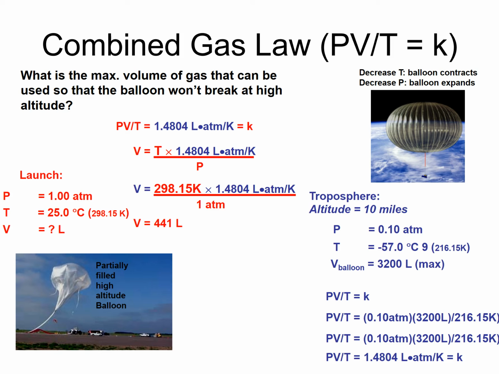So, 441 liters of helium will, under these circumstances, expand to fill the balloon at 3,200 liters when the balloon reaches an altitude of 10 miles in the troposphere. This represents 13.8% of the original volume if you were to do that comparison.